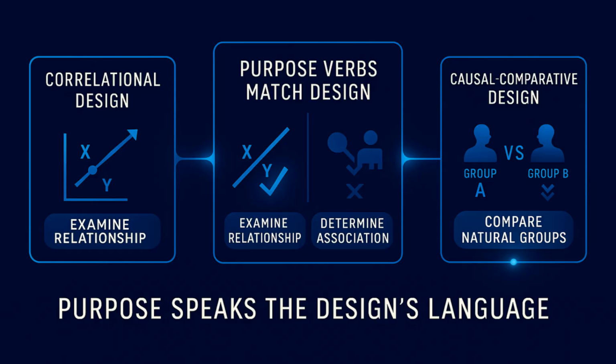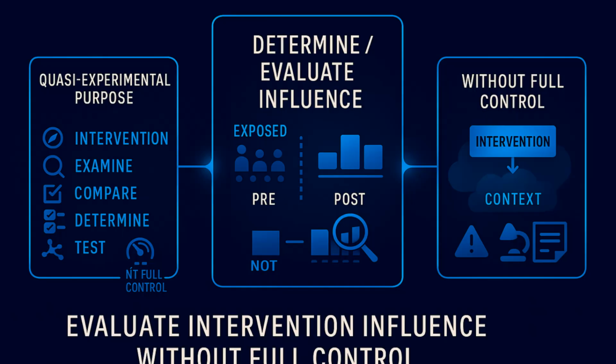If the design is correlational, the purpose uses verbs such as examine the relationship between or determine the association. If the design is causal comparative, the purpose signals comparison between naturally existing groups. If the study is quasi-experimental, the purpose states that it will determine or evaluate the influence of an intervention without full control.